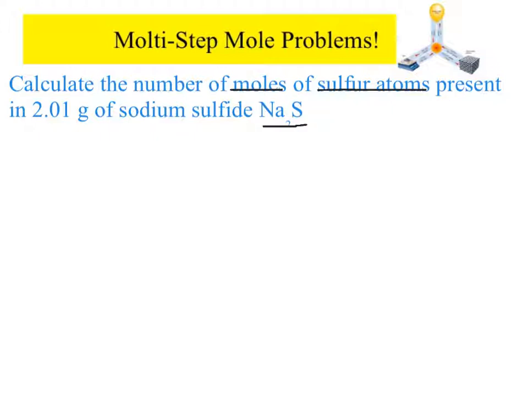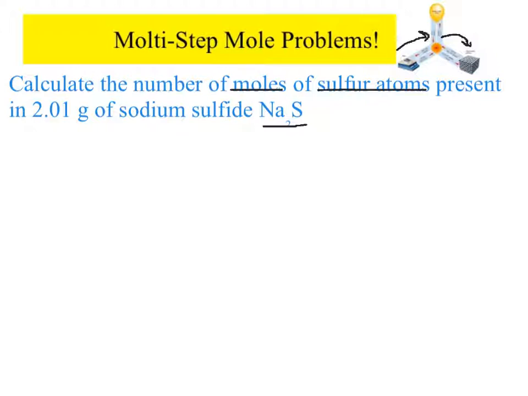So we're going to look specifically at the sulfur atoms, not necessarily the molecule, the compound. We're going to look at just the atoms of sulfur. So first I need to look at my chart and figure out where I'm going. I'm going to atoms from grams. So I need to go to moles first and then from moles to representative particles.